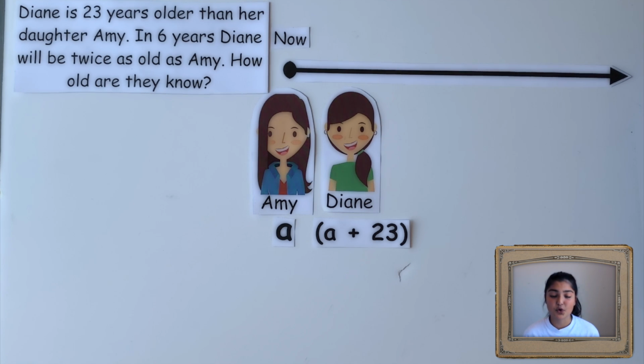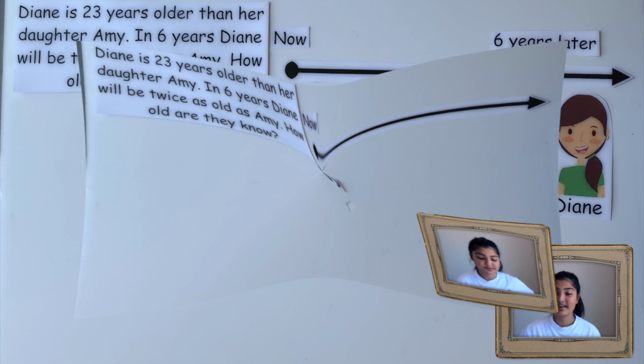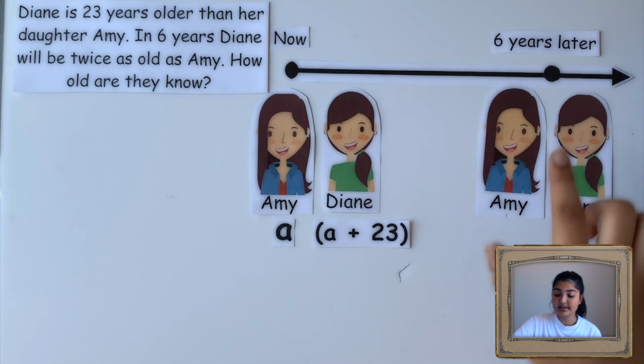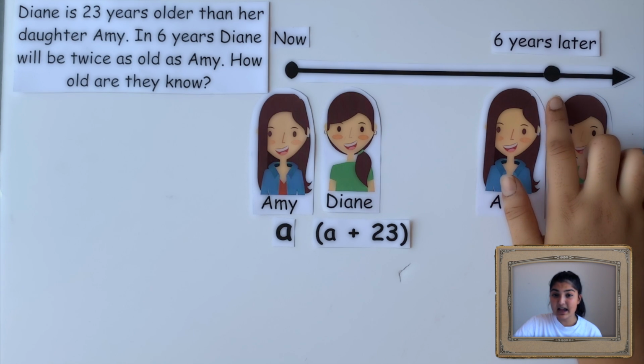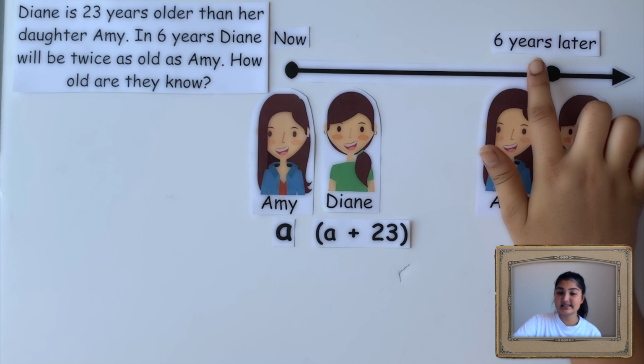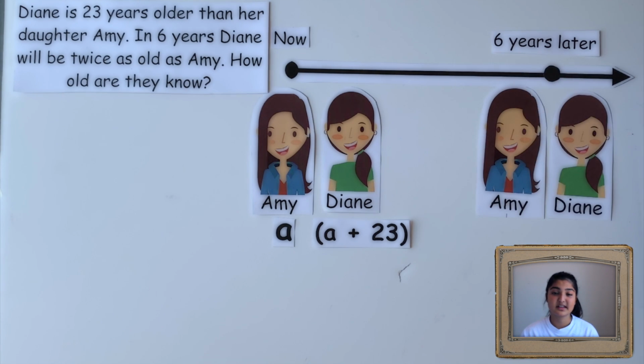Now, let's fast forward 6 years. As you can see, this point on the timeline represents a time 6 years later. So how old are Amy and Diane 6 years later?